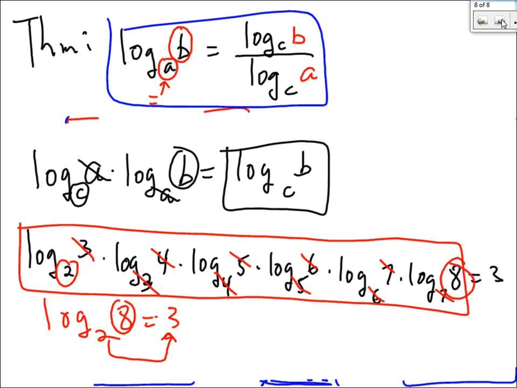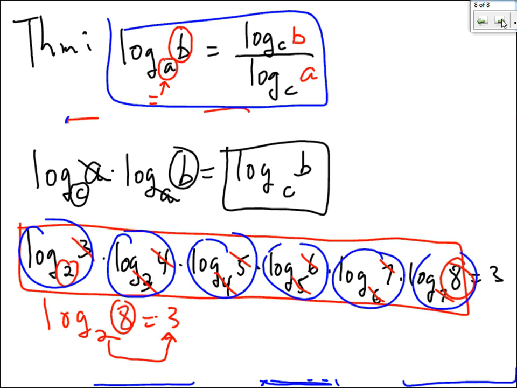You don't have to know what any of these logs are. Just know that it simplifies out: the 3's cancel, the 4's, the 5's, the 6's, the 7's. All that didn't cancel was the base 2 and the 8. So it's 3, or log base 2 of 8.